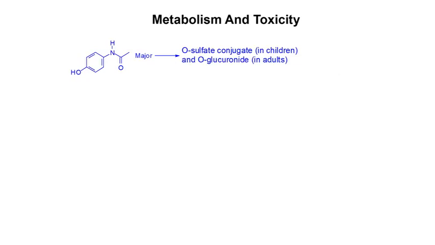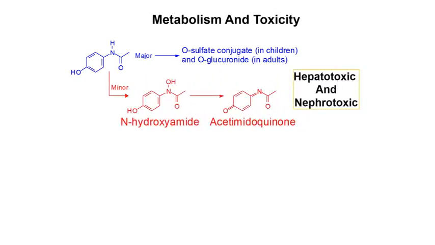To describe what we have said in chemical equations, we can observe that in children the main metabolic pathway is O-sulfate conjugation, and in adults it is O-glucuronide conjugation. A minor metabolic pathway includes the conversion into the N-hydroxyamide derivative, where there is an oxidative action on the nitrogen, replacing its hydrogen with a hydroxy function.